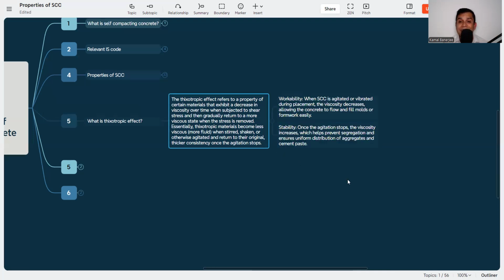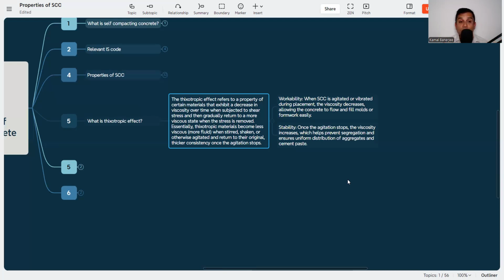Workability: when SCC is agitated or vibrated during placement, the viscosity decreases, allowing the concrete to flow and fill molds or formwork easily. And stability: once the agitation stops, the viscosity increases, which means it prevents segregation and ensures uniform distribution of aggregates and cement paste.